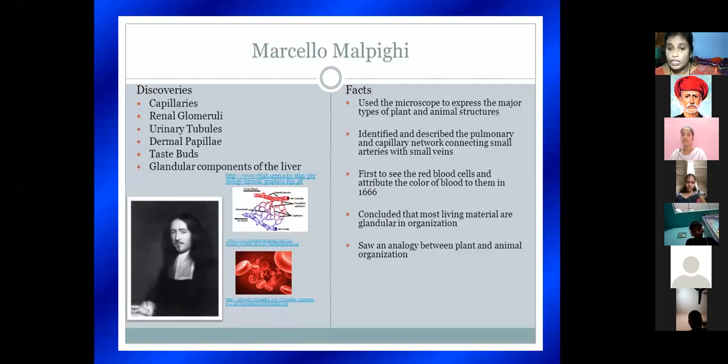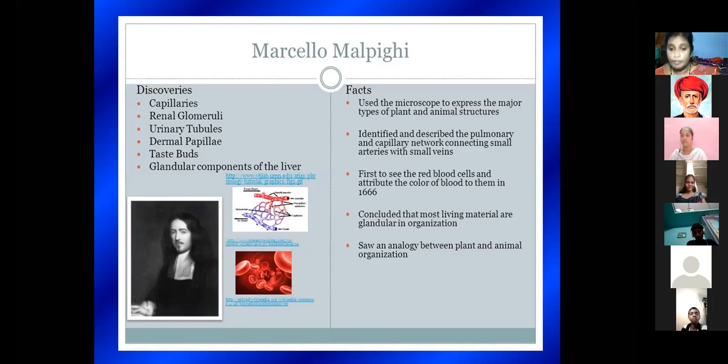He used the microscope to examine the major types of plant and animal structures. Plants and animals are also kinds of living organisms. He identified and described the pulmonary and capillary network connecting small arteries and small veins. We already know capillaries connect the arteries and veins. This information was given by Marcello Malpighi.